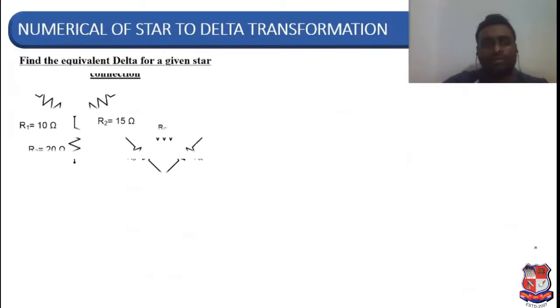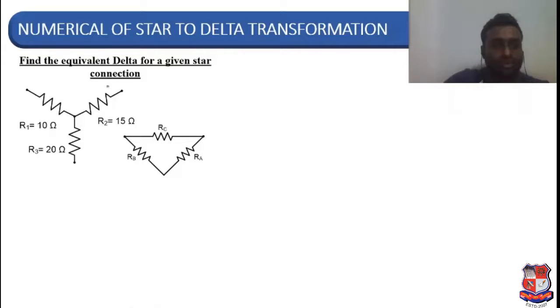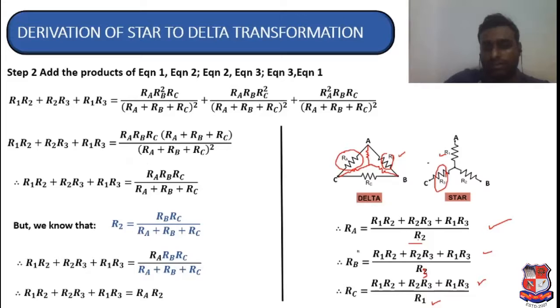Okay, so the numerical for this is very simple. You are given a star connected circuit, and for this you need to find the delta connected circuit. So you need to find RA, RB and RC for a given star connection. Using the equations of the previous circuit, you have to use these equations and find the equivalent.